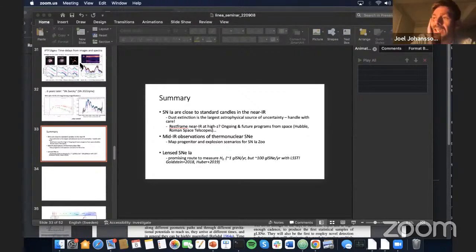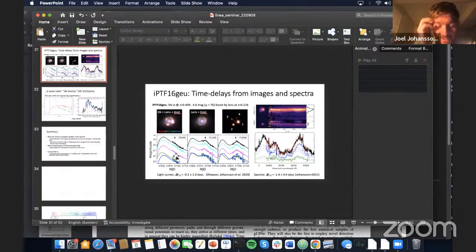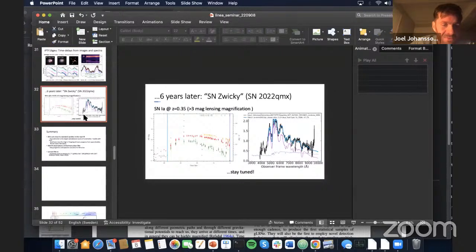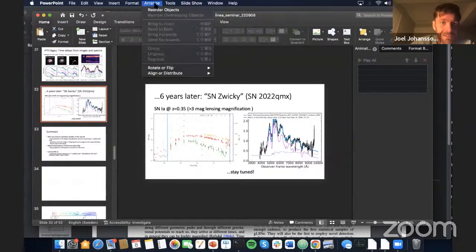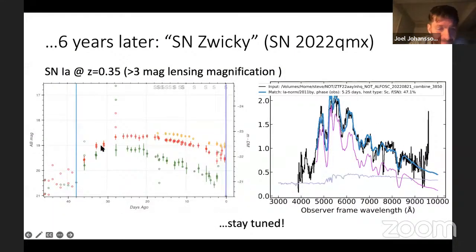Well, in principle, it has to do with how well we can sample the light curve. There's a nice thing about type Ia supernovae. For the supernova that we discovered, we were very close to missing this.